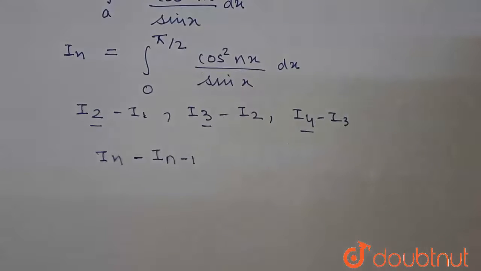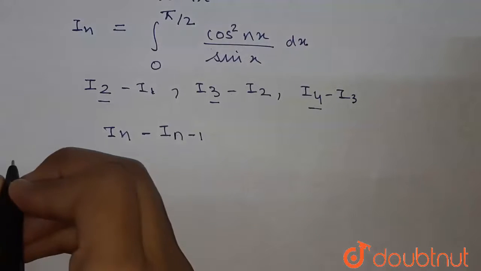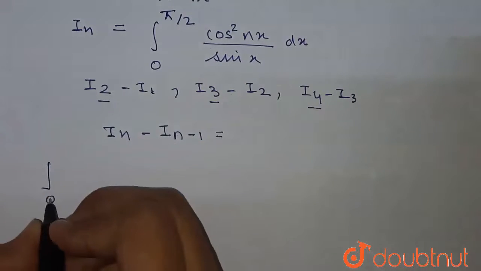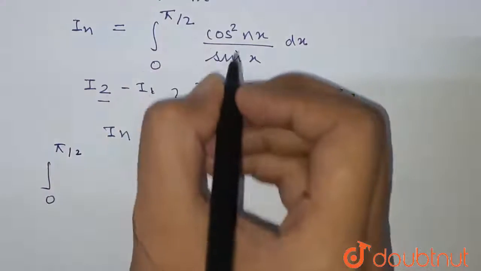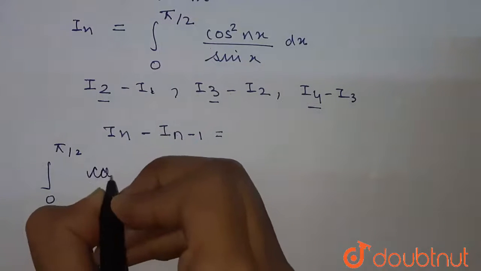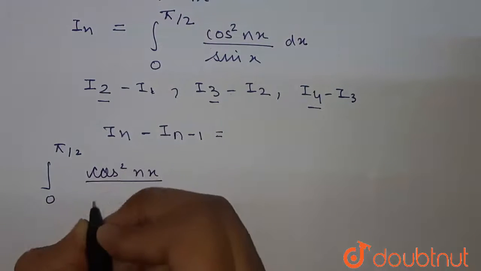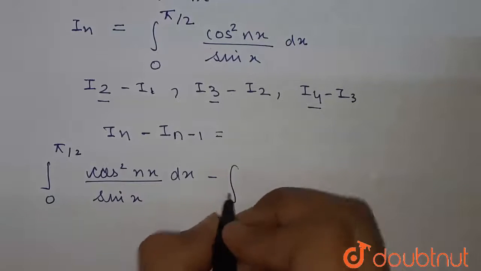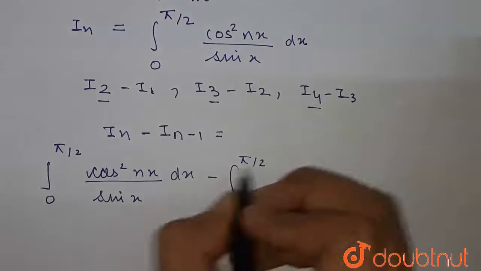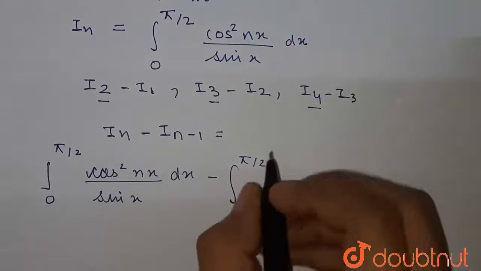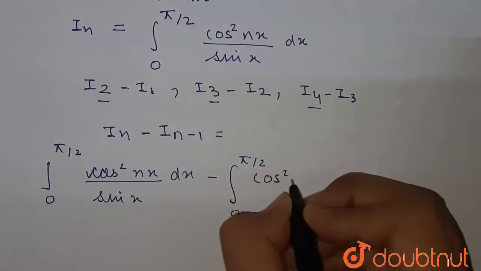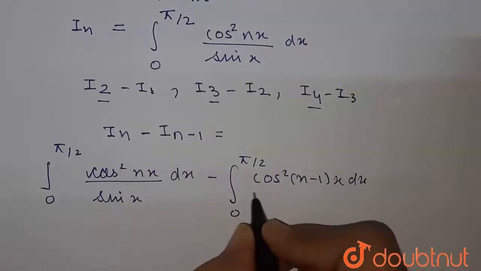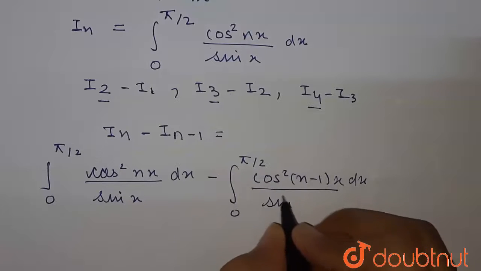Now on comparing, we can write In minus I(n minus 1). In was given as the integral from 0 to pi by 2 of cos square nx upon sin x dx, minus the integral from 0 to pi by 2, where now for n we put n minus 1, so cos square (n minus 1)x dx upon sin x.